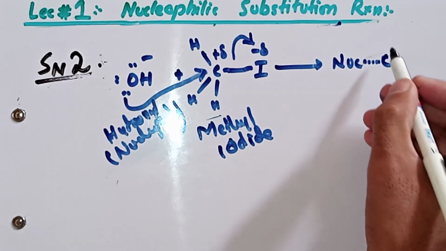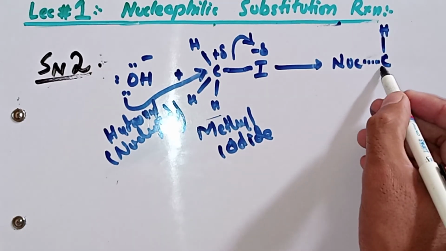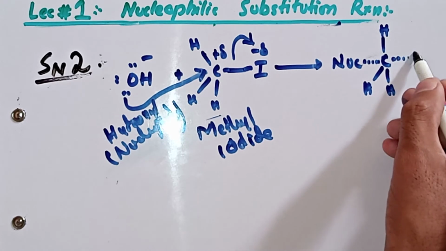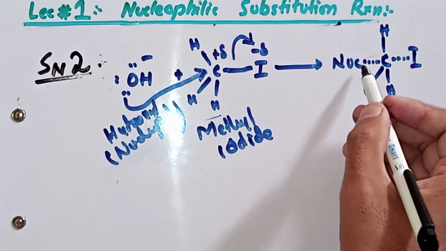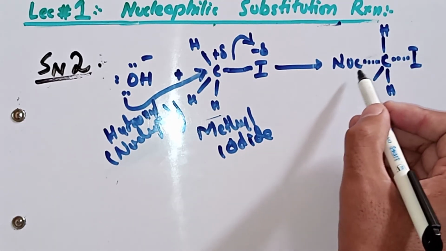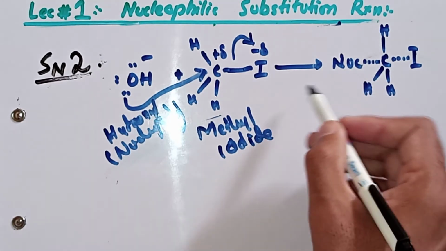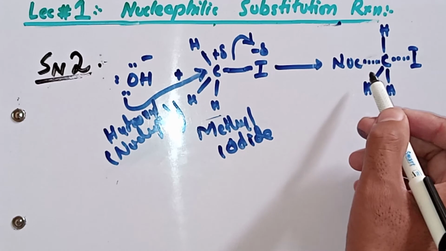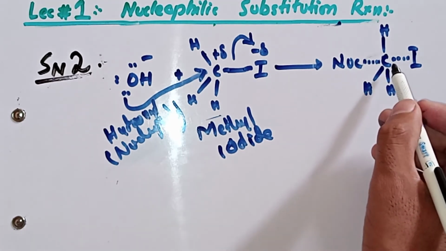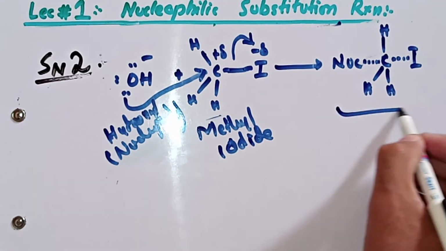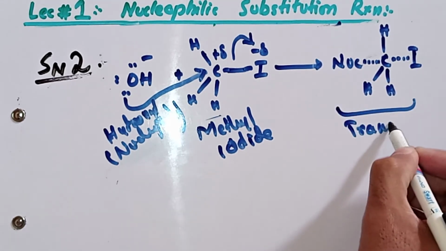That is carbon, and these are the hydrogens, and this is iodine. This dotted bond means that the bond between carbon and nucleophile is partially made, while the bond between carbon and iodine is partially broken. So this state is called the transition state.